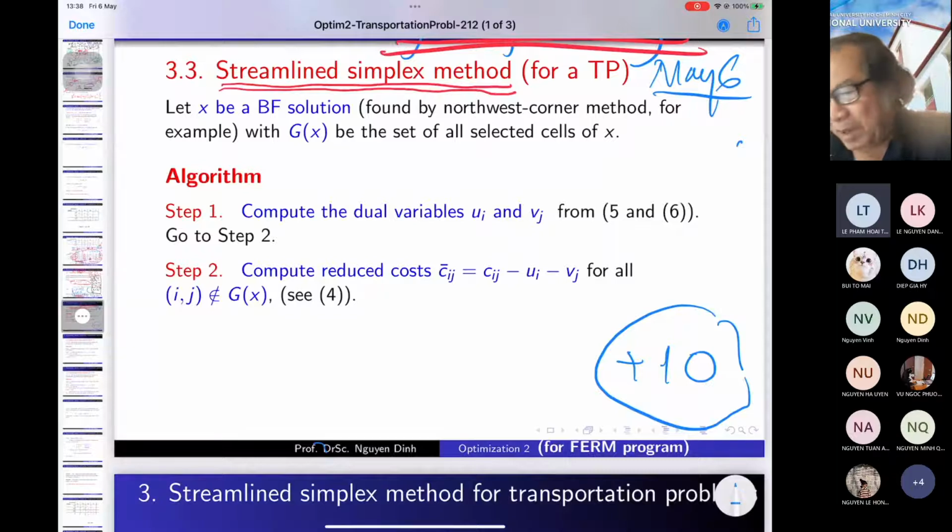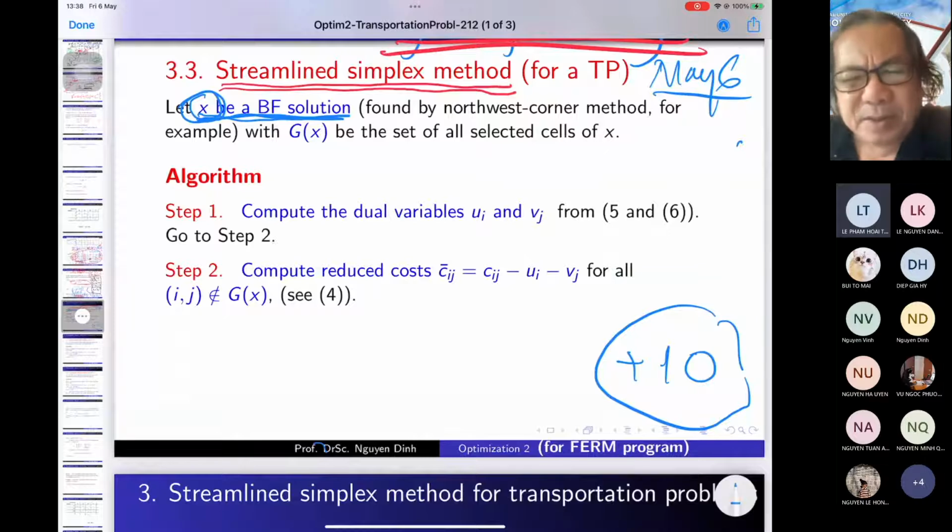For the algorithm, first of all, you need to have at least one feasible solution. Suppose that you have X, a basic feasible solution. How do you find it?